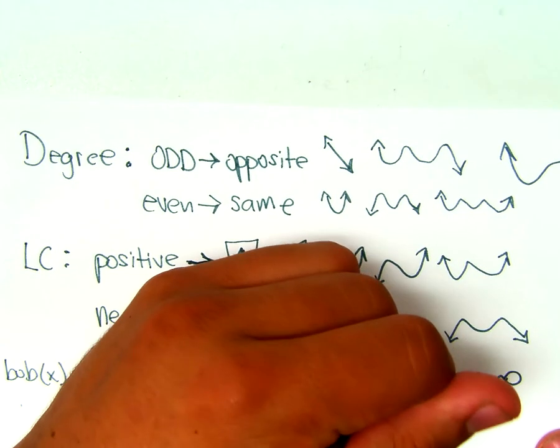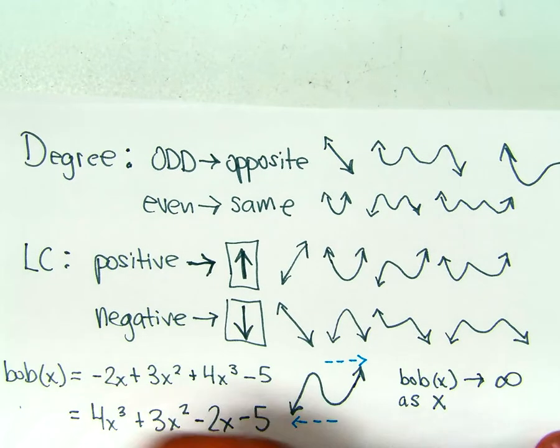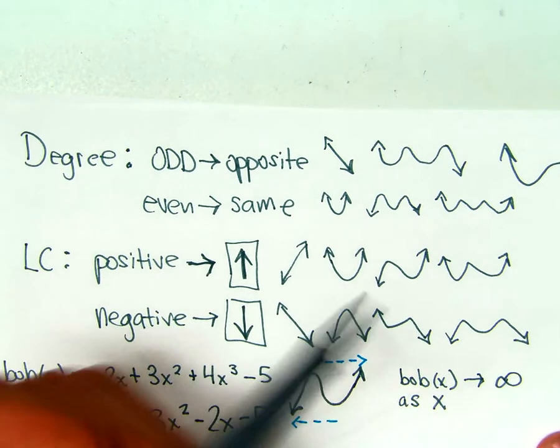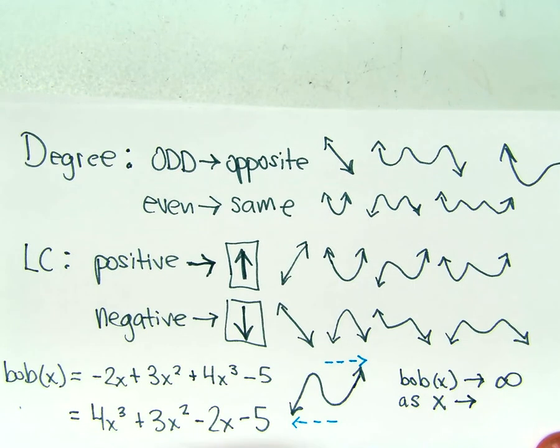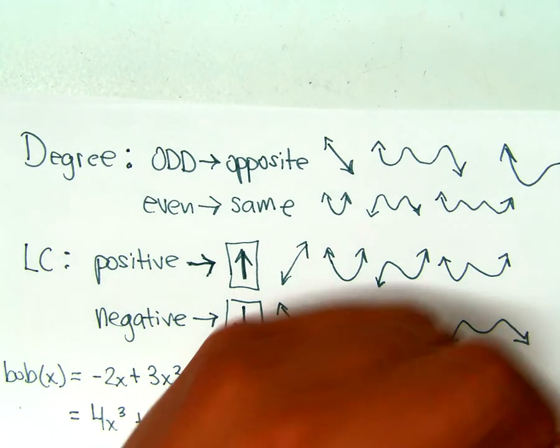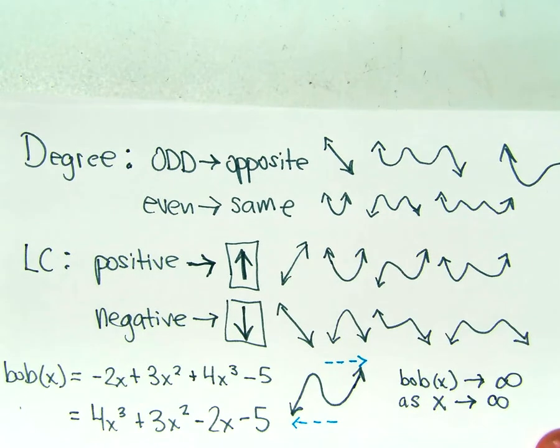As x, we said we're going right. What kind of numbers would end up being to the right, positive or negative? Positive. So as x approaches positive infinity as well. Does that make sense?